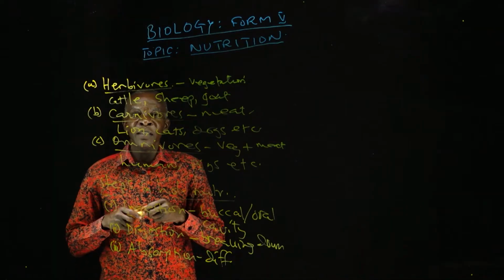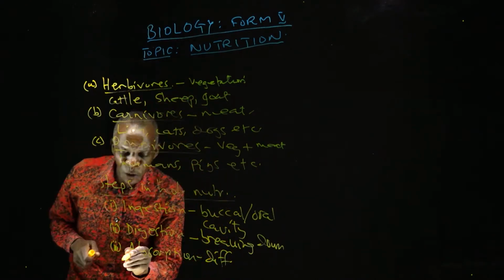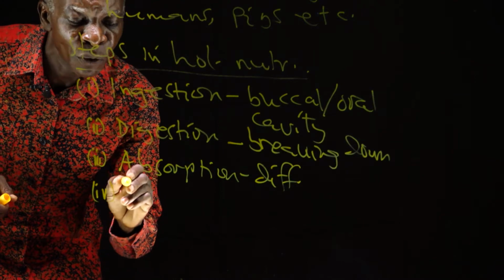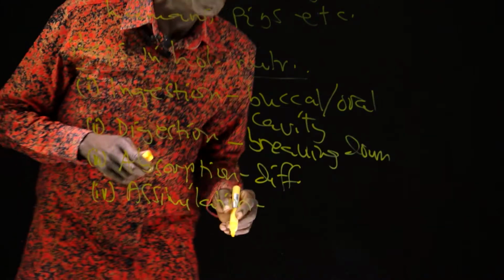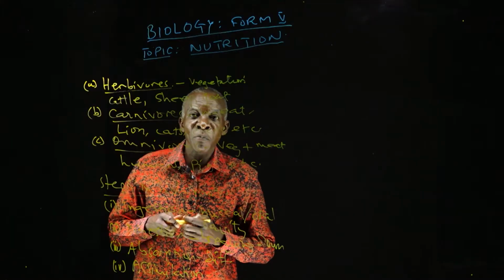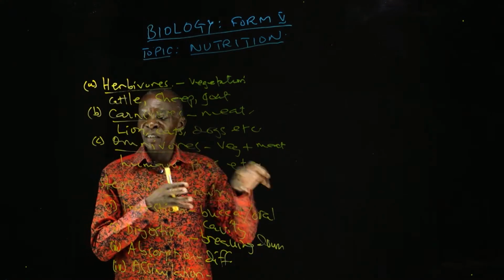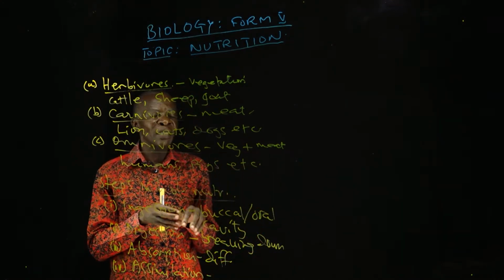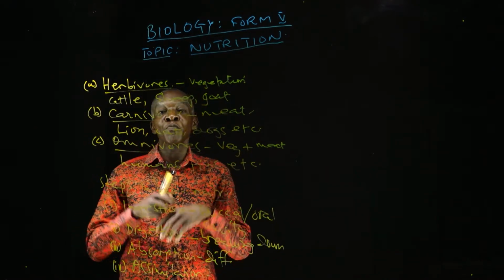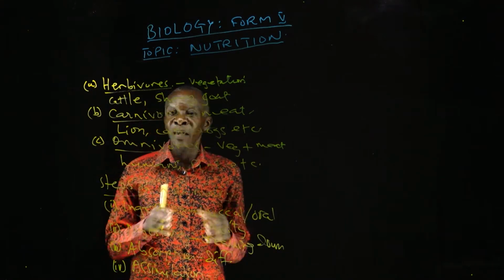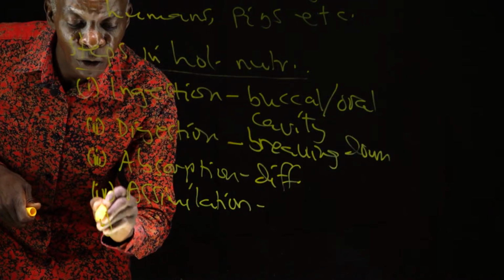And after absorption, there is what we call assimilation. This is the process by which the absorbed food is put to use by the body. It is subjected to physiological processes such as respiration. It may be incorporated into body cells to become part of the body tissues.